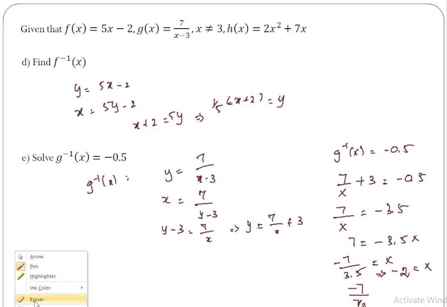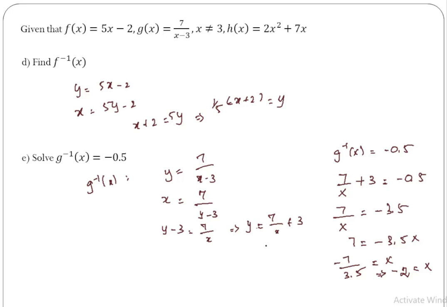So the answer for this equation is negative 2. For x equal to negative 2, we get g inverse of x equal to negative 0.5.